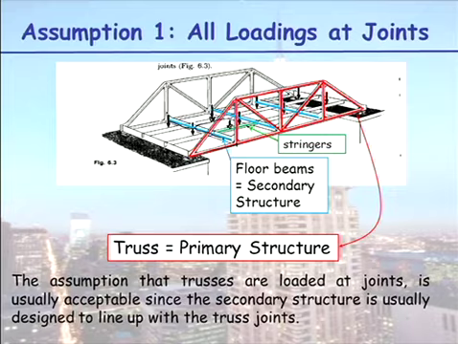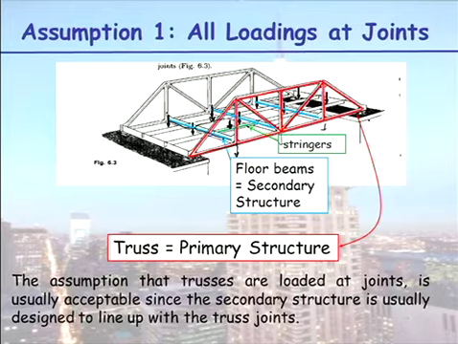How does the load get out? It causes the stringer to bend. Okay? Then the stringer itself is supported on these secondary floor members, which are also bending. The load gets transferred out here to our truss members, and then through truss action, the loads then reach the support points here.